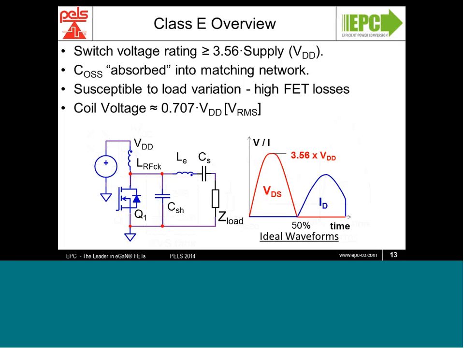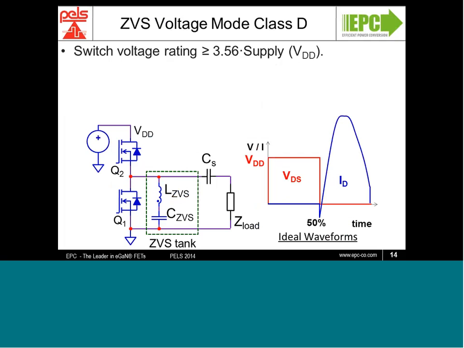Let's have a look at the zero voltage switching voltage mode Class D topology. In this topology, we have a half bridge switches configuration, and again, we see on the right-hand side CS and Z load, they're tuned for operation for the coil, and then the ideal operating waveforms on the right-hand side.